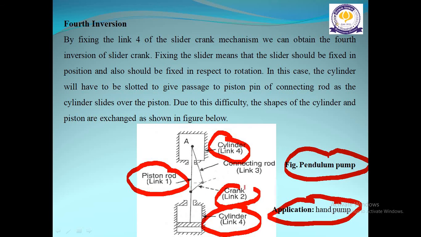Here you can see the crank, that is link 2, which will rotate and give rotary motion, and link 3 is the connecting rod, which is connected between the cylinder and the crank. So this is the figure of a pendulum pump, which is the fourth type of inversion of slider crank mechanism.